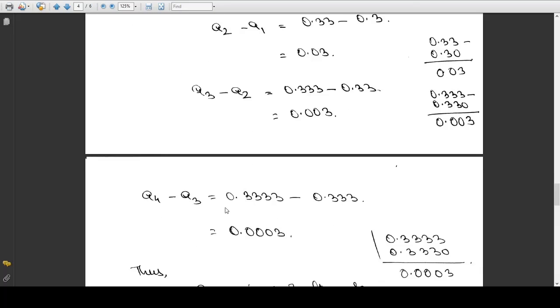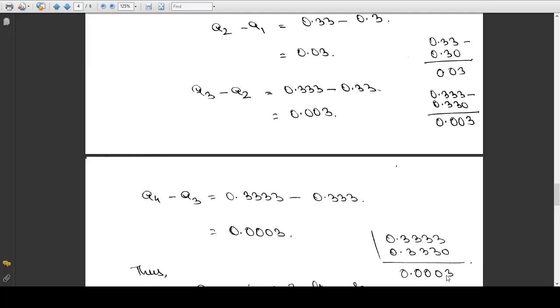And here, to confirm this, I have also given the fourth term minus the third term. Here you have 4 decimal places, you have only 3 decimal places. To make it 4 decimal places, you just add 0 here. It becomes 0.3333, here 0.3330.